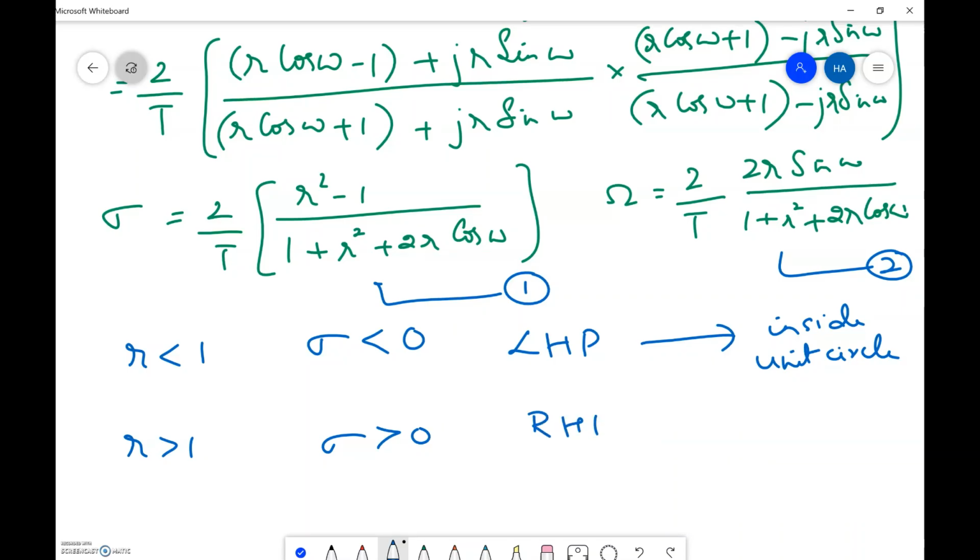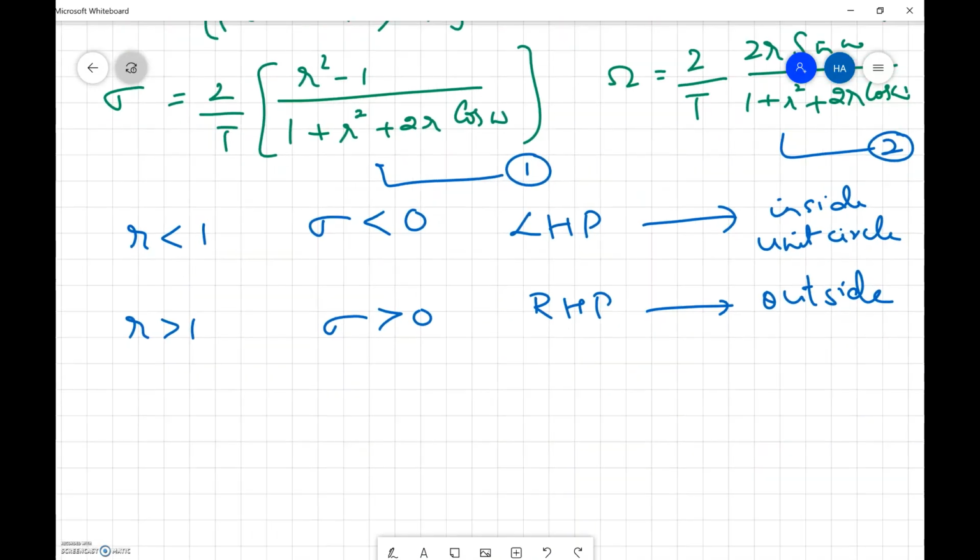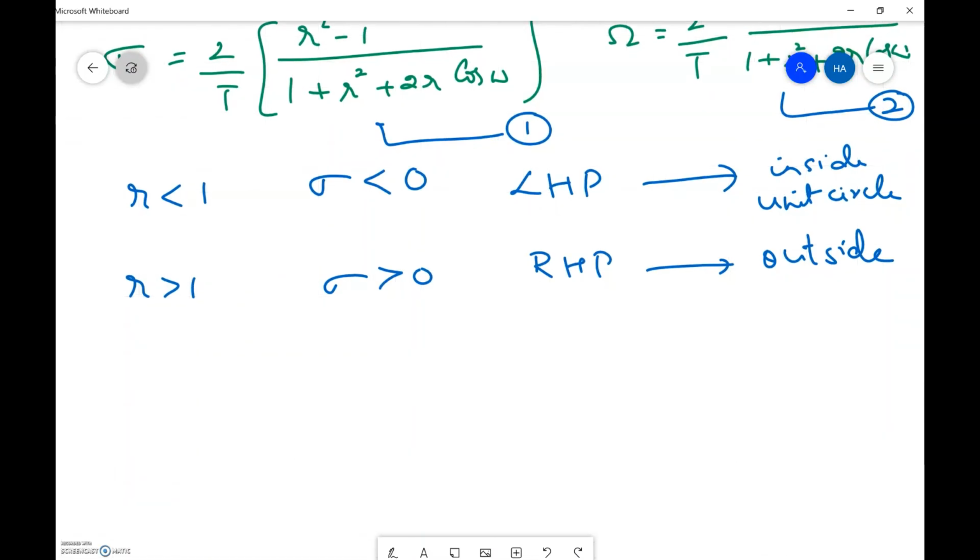So the right half of the S-plane maps to outside the unit circle. Anyway, we are interested in the left half poles, which result in a stable system, which get mapped into the unit circle. So in the Z-plane, if the poles are inside the unit circle, then the system is stable. So the stability of the system is maintained and that does not change.